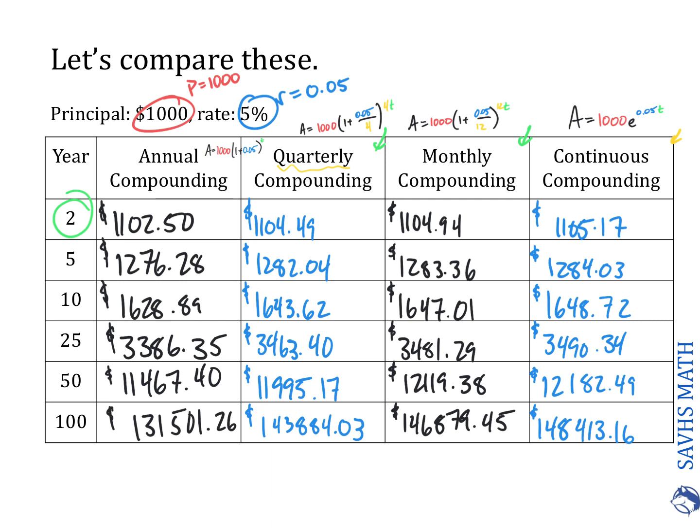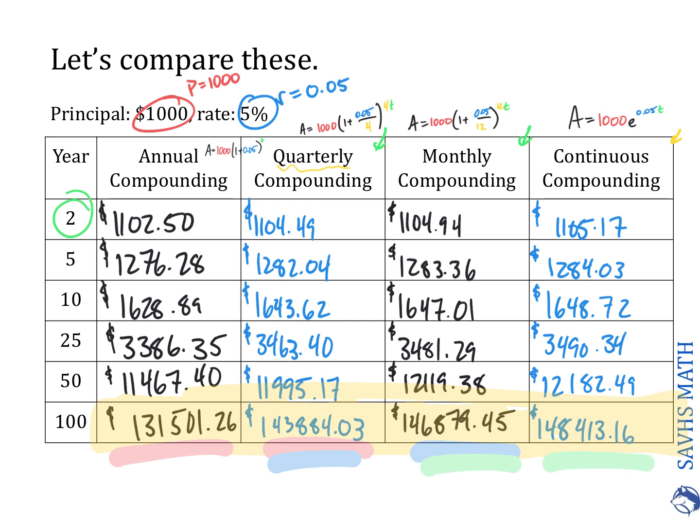At the end of all of this, these are the answers you should have gotten. It's not a huge deal if you're a little bit off, but we do want to try to be accurate if we can. What I really want to focus on is, and I recognize that nobody's really going to let this kind of money sit in an account for 100 years, but the differences between these is pretty significant, especially between these two, which is a really big jump, and then between here and here is a little bit less of a jump, and between here and here is also a little bit less of a jump.